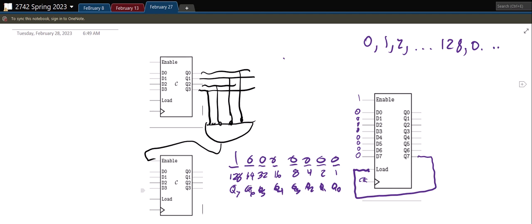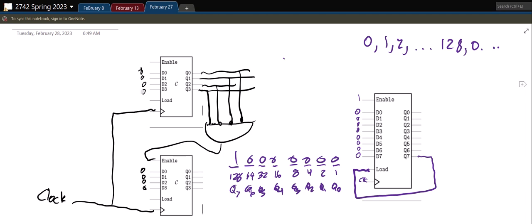And we want to start at 0, so we'll load 0 on all of these. And we have the clock. And we want the first one to be enabled, so that one will be enabled. And the second one will wait to be enabled until we've counted up to 15, and then it'll go to 16 on this.